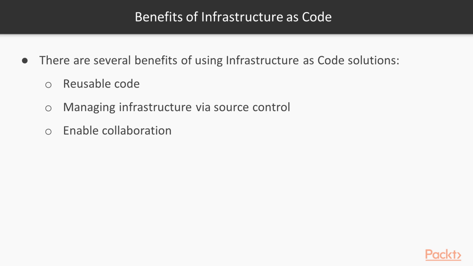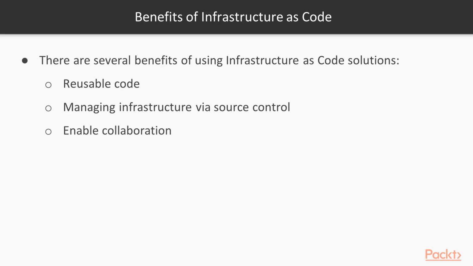So you can put it in a Git repository and you can have version control. And third is enabling collaboration. Within this type of infrastructure, person A can write infrastructure related to the EC2 instance, person B can create the load balancer, person C can create the MySQL database, and person D can create S3 buckets. So this is what is called enabling collaboration.